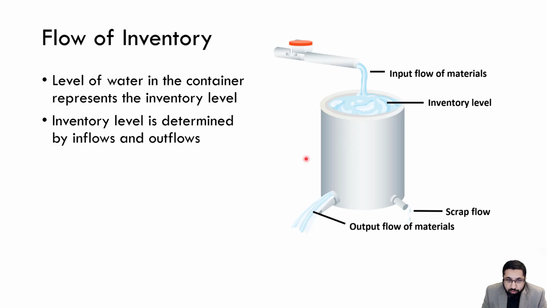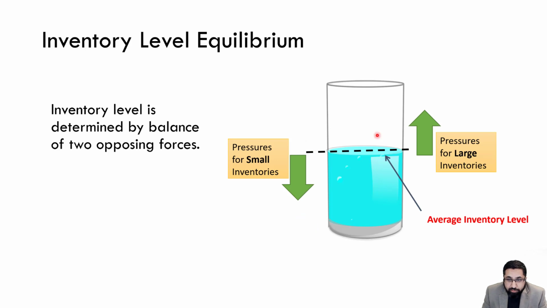So why do we have inflows and outflows? We have them because we have certain pressures or forces that guide us towards either depleting inventories and having smaller inventories, or increasing inventories. If you think about the water in a container, that level of water is our average level of inventory. How is that determined? Should we have this level or a higher level or a lower level?